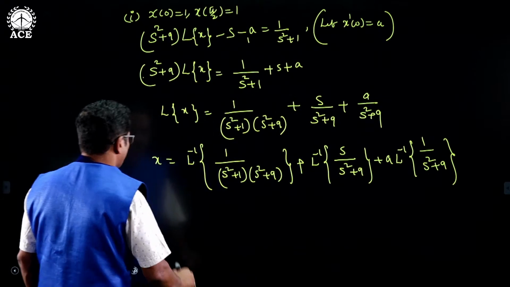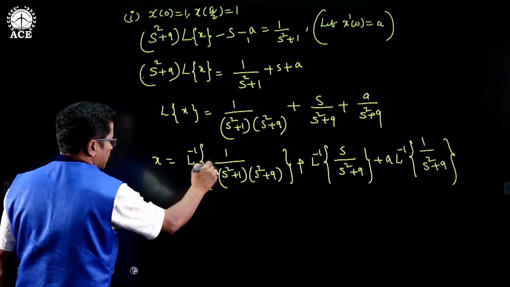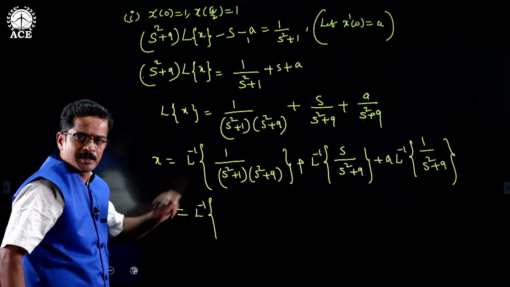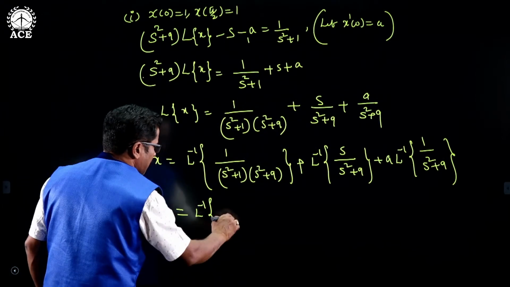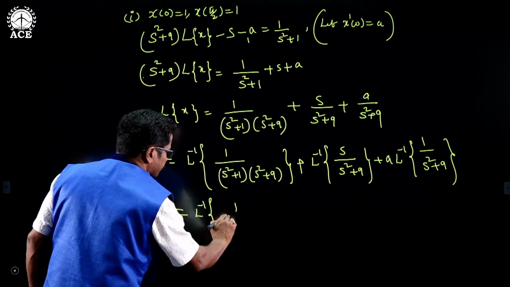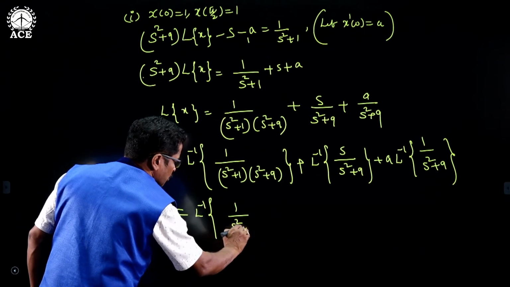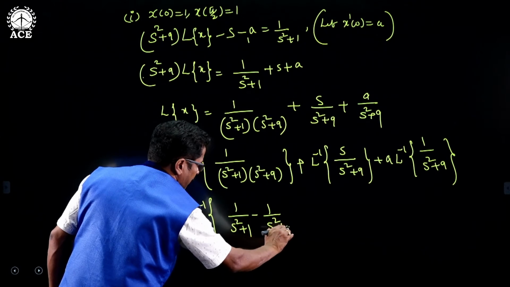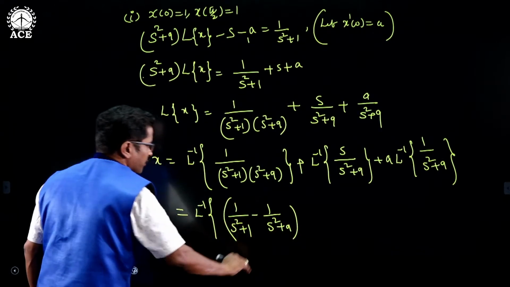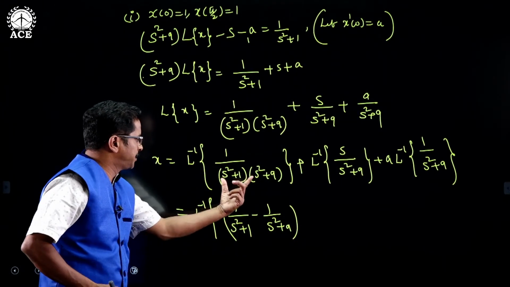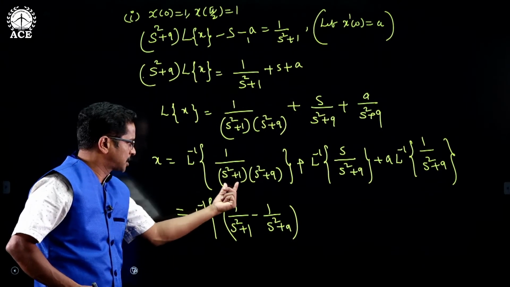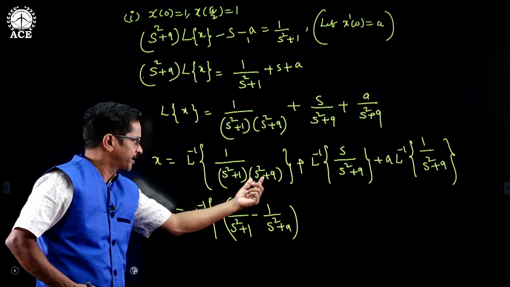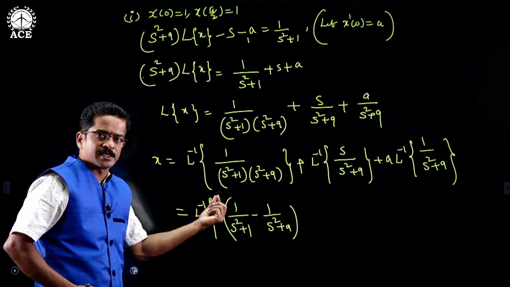So for evaluating the inverse Laplace transform I need to apply partial fractions. I am directly writing 1 by (s square plus 1) minus 1 by (s square plus 9), because the difference of the two s square term factors is 8.